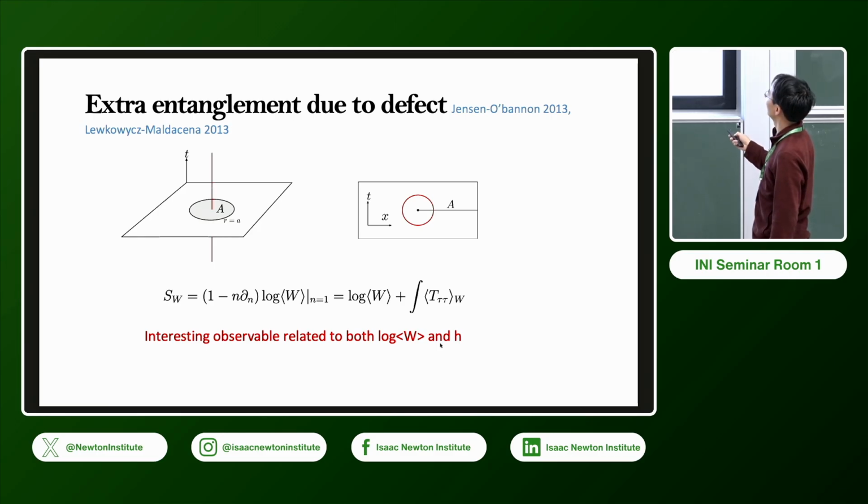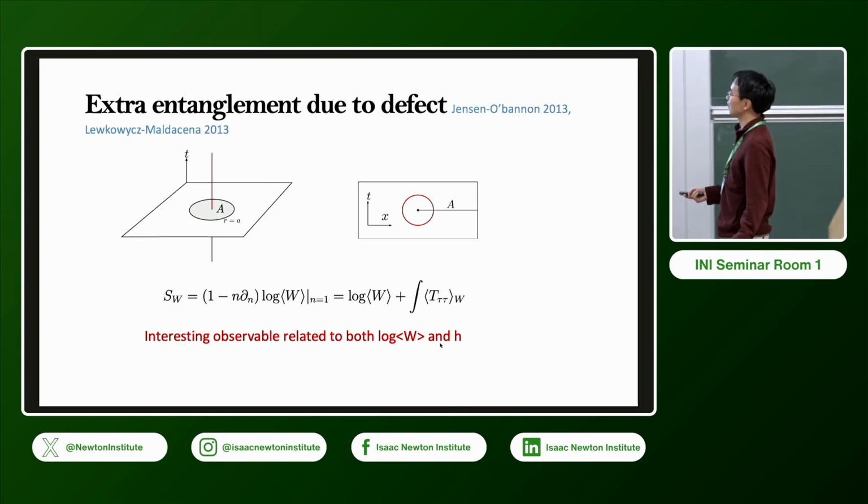So this is my subregion A. The left is the A bar, and the circular red line will be my defect. As you can see, the defect intersects the subregion A. Okay, so in this case, what do we do? How to compute it?